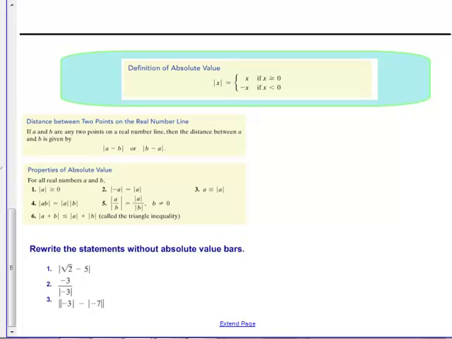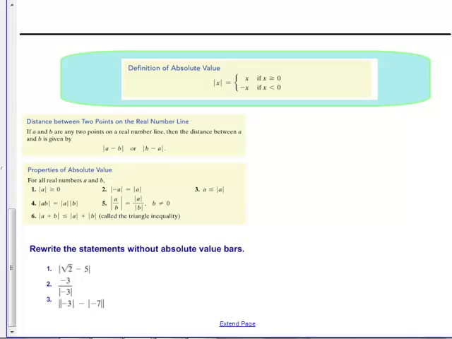So that's saying that the absolute value of 6 is the same as the absolute value of negative 6. The absolute value of a over b is the same as the absolute value of a over the absolute value of b, assuming you're not dividing by 0. And a is less than or equal to the absolute value of a. So just some rules. A lot of them you can probably figure back out if you think hard for 20 seconds.